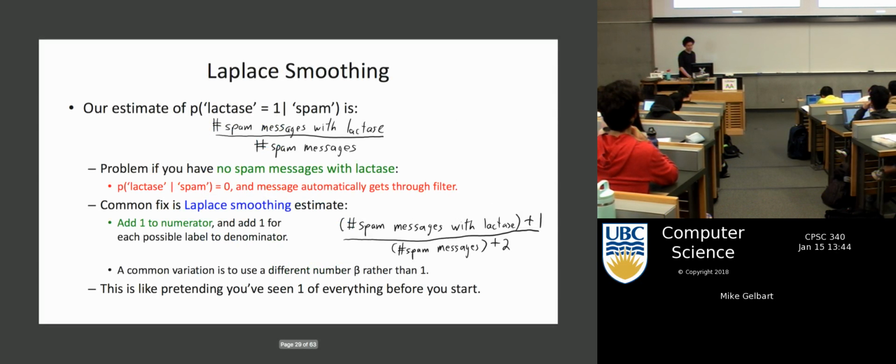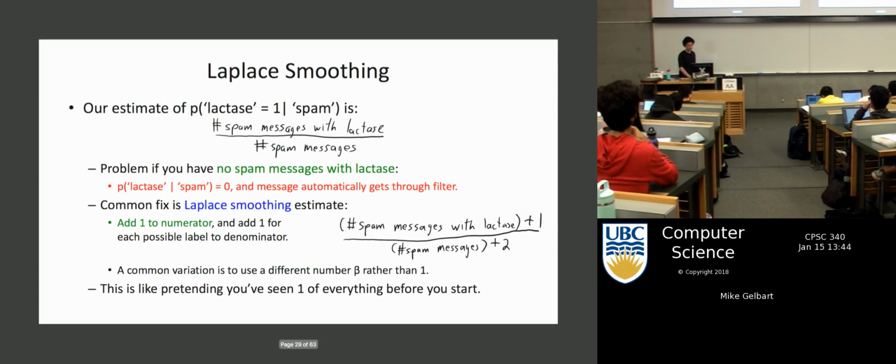Okay, getting to Ali's point. So if you have a particular word and you haven't seen it in any spam email in the training set, then you're going to estimate that frequency is 0 because it was number of spam emails with that word divided by number of spam emails. And so now, just because of this one word not appearing in any spam email in the training set, you've estimated that, oh, I could never see that word in a spam email. Probability 0. Because since I've never seen it happen, I don't believe it could ever happen.